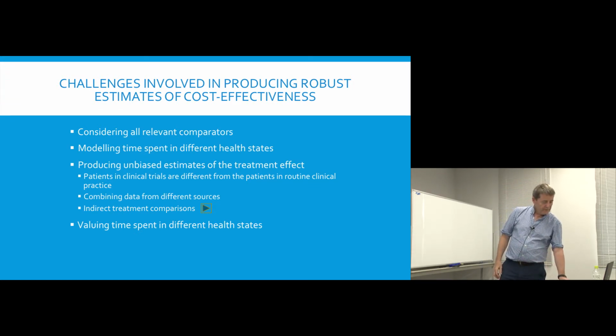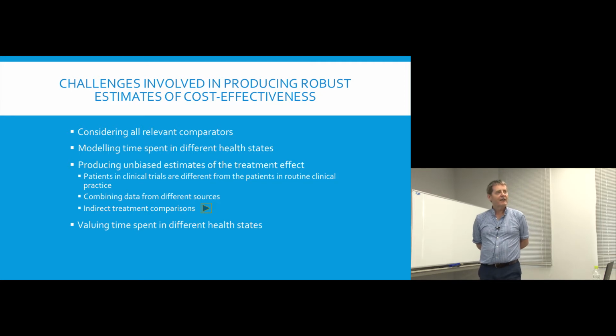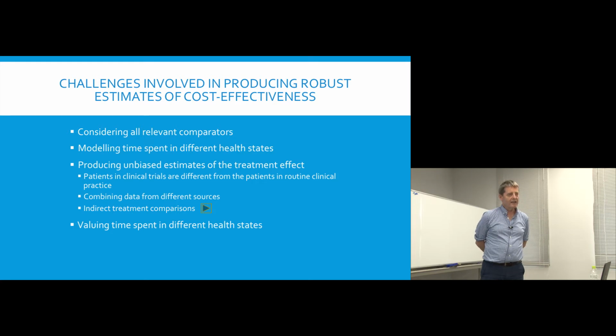So, I think the place to start, and what I'm going to try and do in this lecture is pull together some of the elements I've talked about so far and put them all together. There's a whole series of challenges involved in making robust estimates of cost effectiveness. And you'll have got a sense of some of these already, but I'll add a few more in.